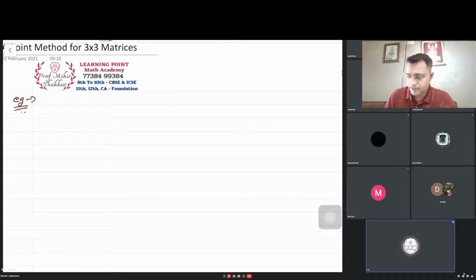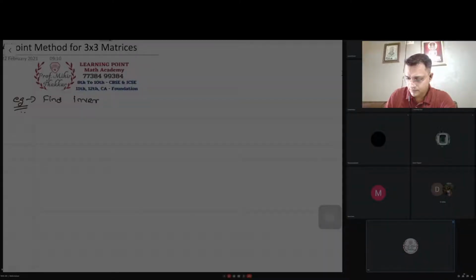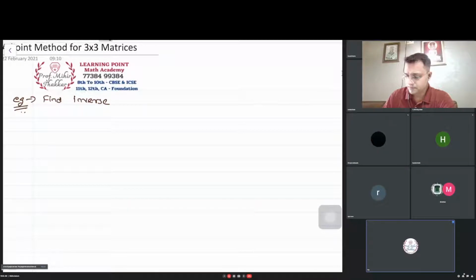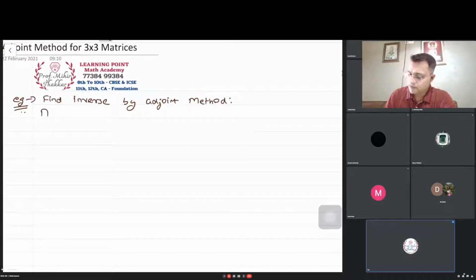The example says to find the inverse by the adjoint method. And the matrix A that I have is something like this.